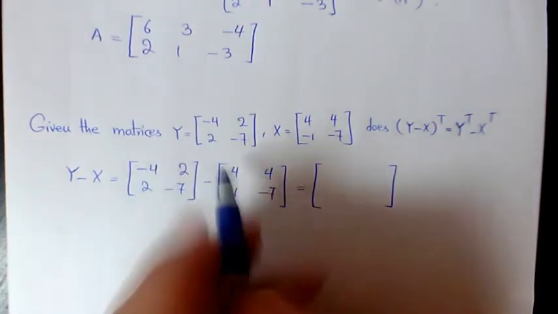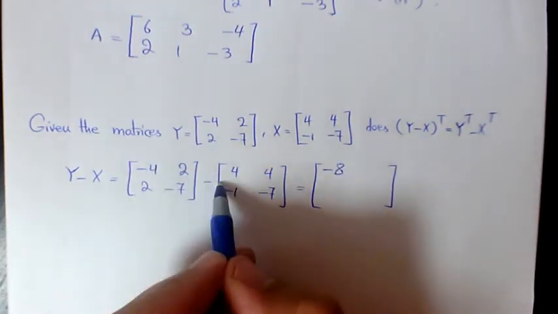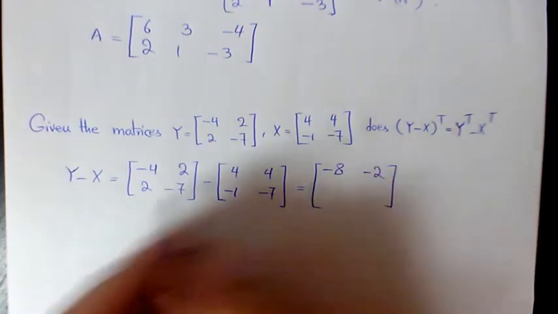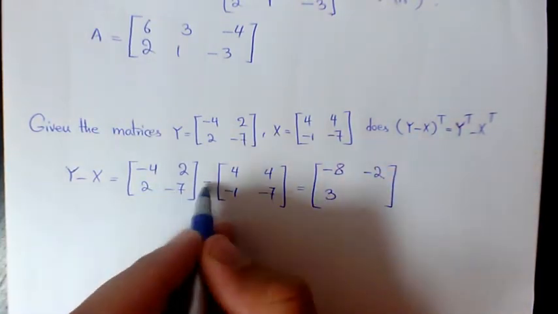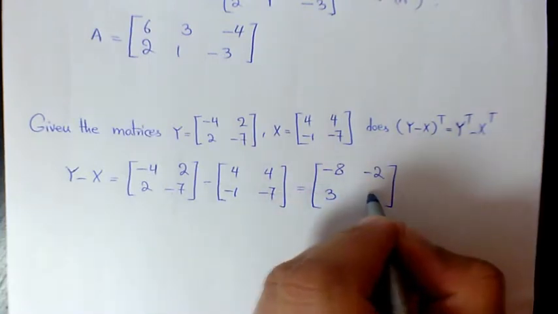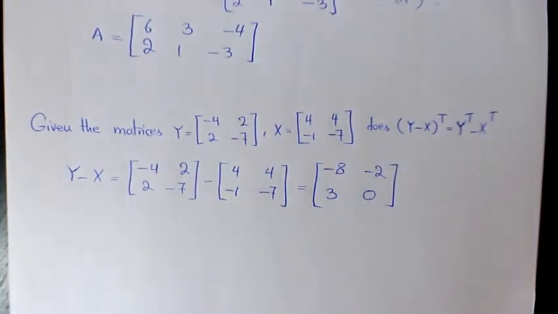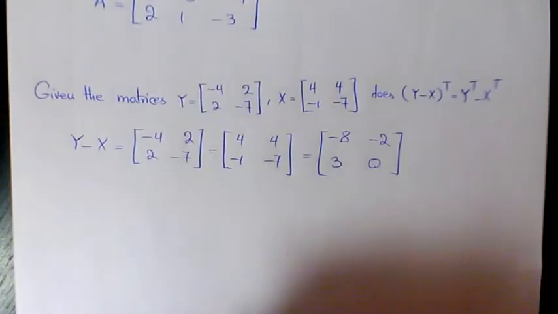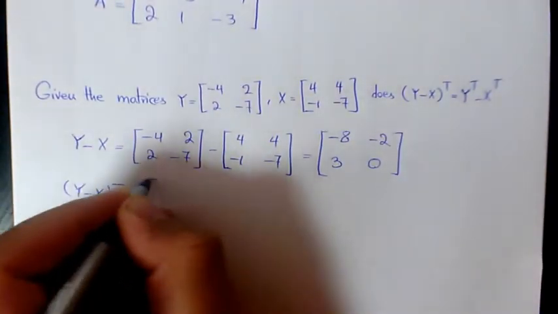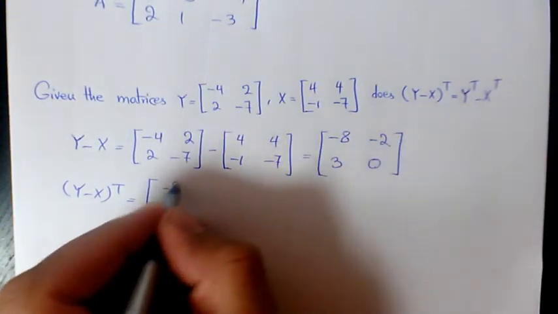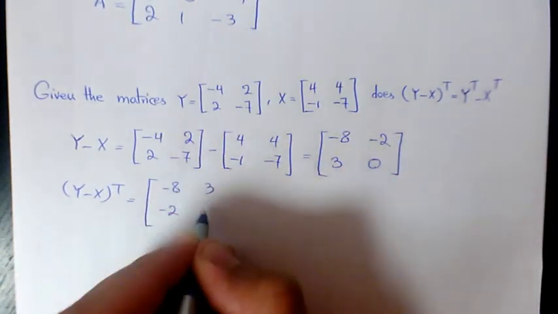Negative 4 minus 4 is negative 8, 2 minus 4 is negative 2, 2 minus negative 1 is going to be 3, negative 7 minus negative 7 is going to be 0. Then you need to find the transpose of y minus x, which is going to be negative 8, negative 2, 3, and 0.